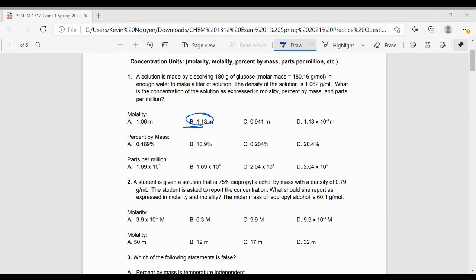So 100 grams of solution divided by a density of 0.79 grams per milliliter gives about 127 milliliters. Since our density was in grams per milliliter, we get milliliters. Convert that to liters, so that's 0.127 liters.